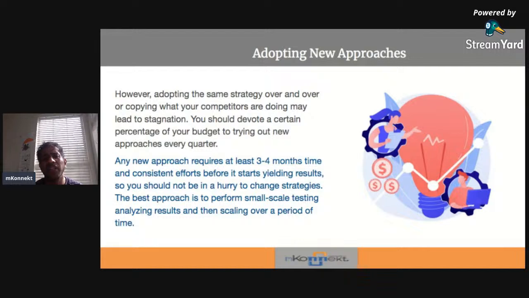At the end of the day, marketing is both data driven, and it is also a little bit more outside the box thinking and all those kind of things, right? So you need to start looking at all these approaches on an ongoing basis.